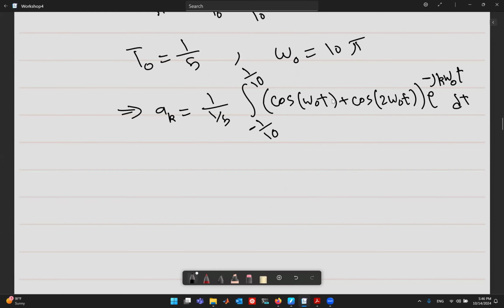Next, I write those using the Euler's formula. So 1 divided by 1/5 is 5, and it's 1/10, 1/10.